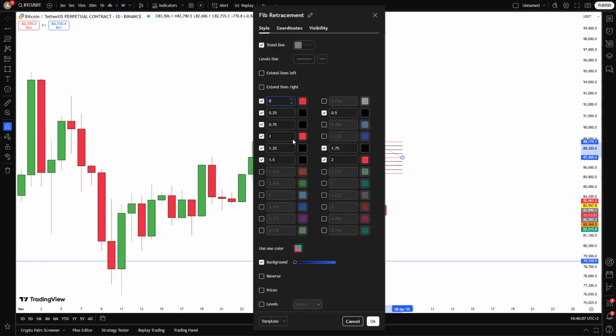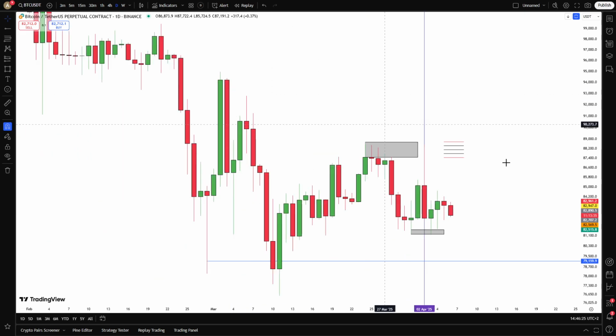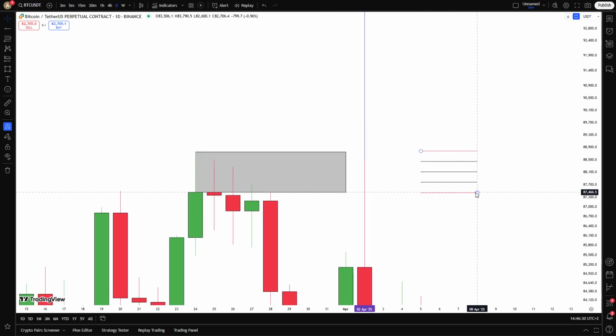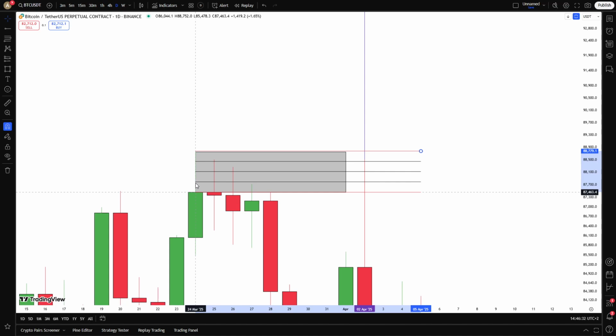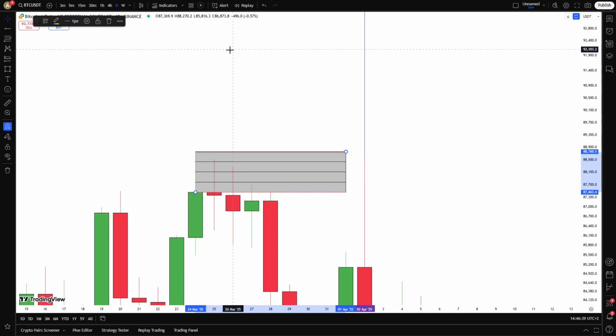Okay, I will remove the extension zones. I only want the regular slaughterhouse right here. Okay, these are the settings: the 0 level, the 1 level, the 0.25, 0.75, and 0.5. What this does, it gives you the midpoint, the quarter point, and so on. You simply get your level that you just drew and put this on top of it.